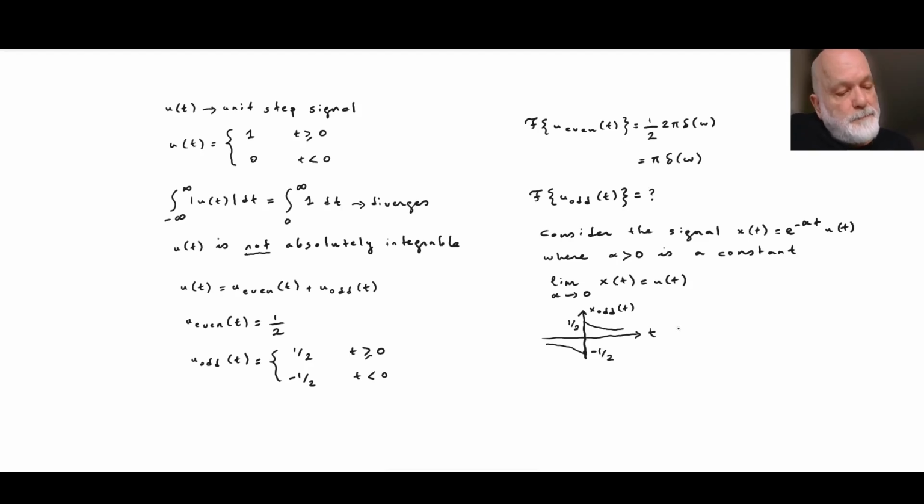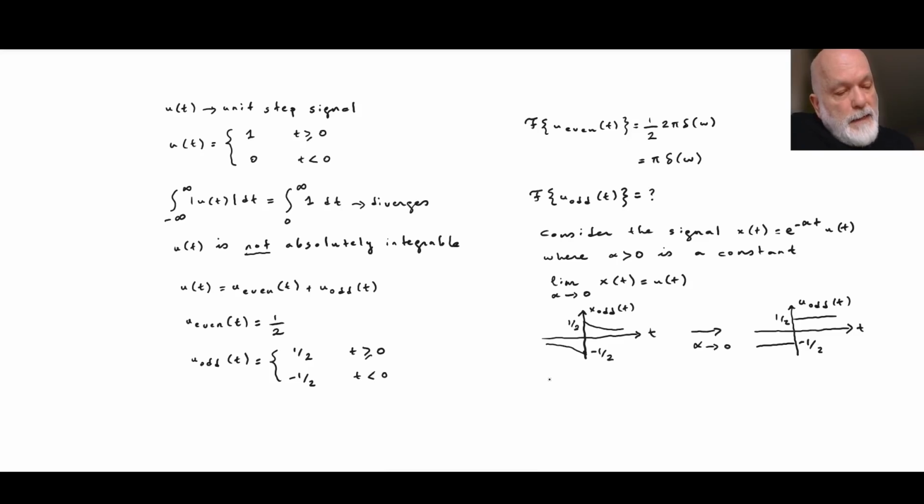And when alpha tends to 0, this odd part of x of t tends to the odd part of u of t, which is equal to this signal in graphical form.